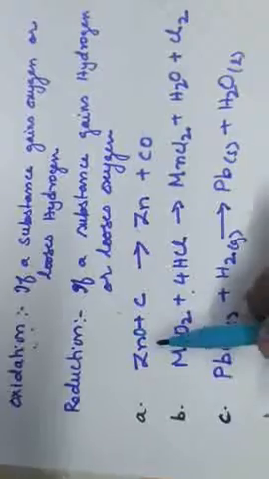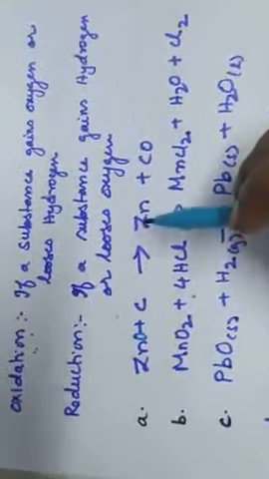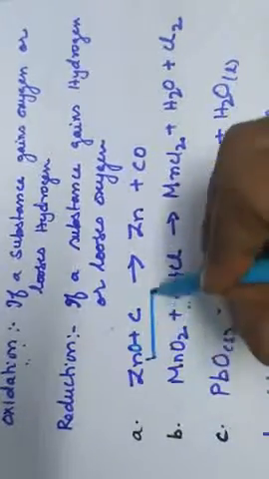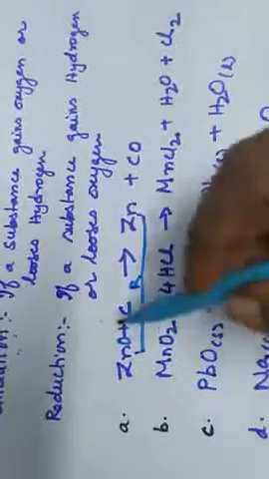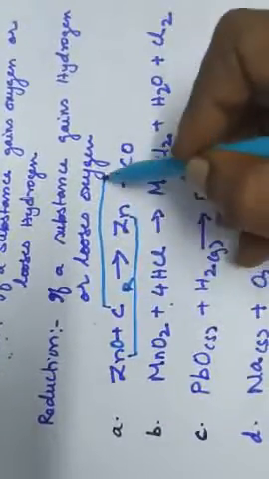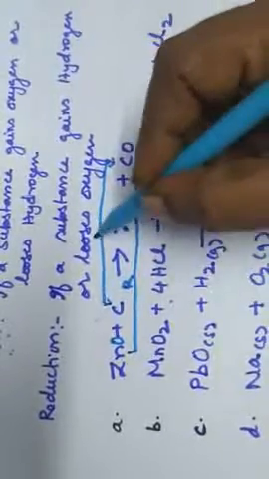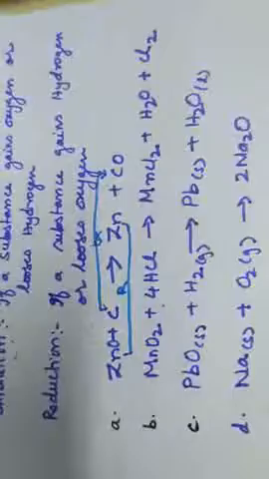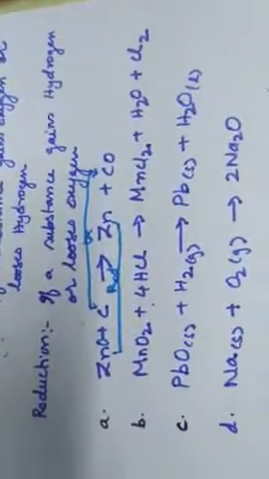Zinc has lost oxygen, so reduction has taken place. Carbon has taken up oxygen, so it is oxidized, and zinc oxide is reduced.